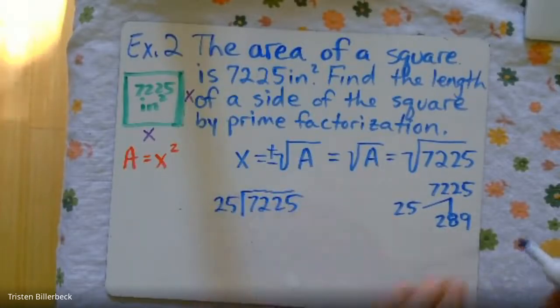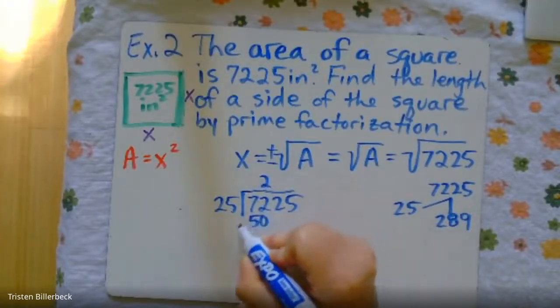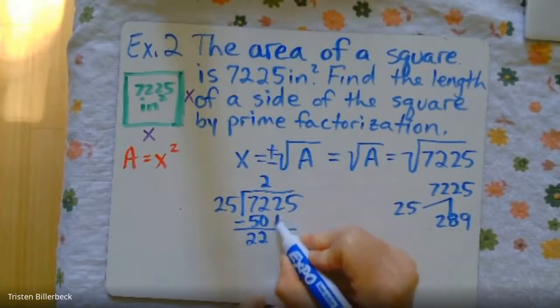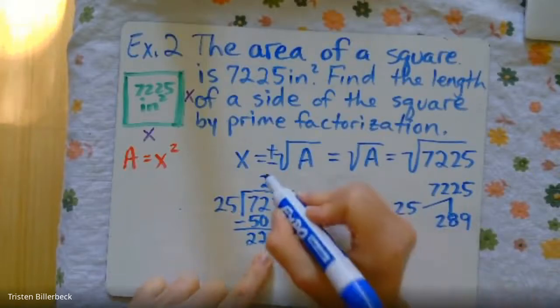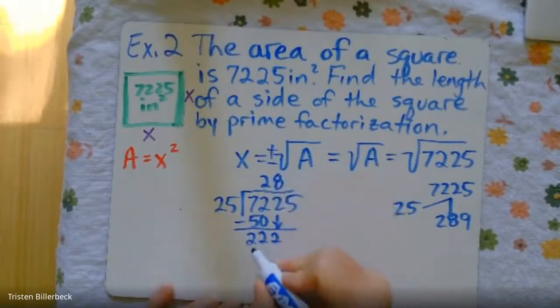So what I just did here is I did 2 times 50, subtracted 22, and then I dropped another 2 down. Then I saw, oh, I need 8 of those because there's 8 quarters in $2.